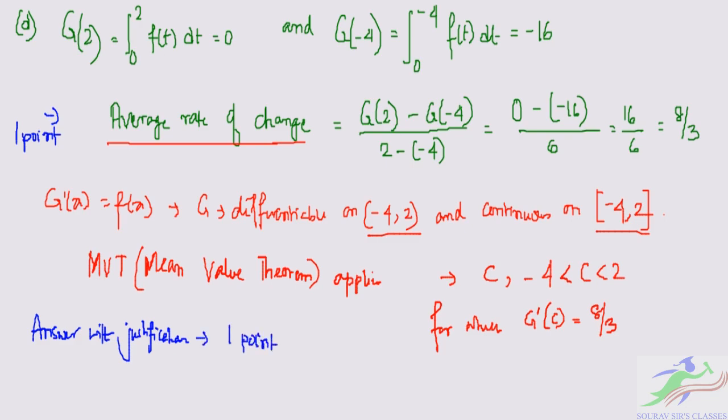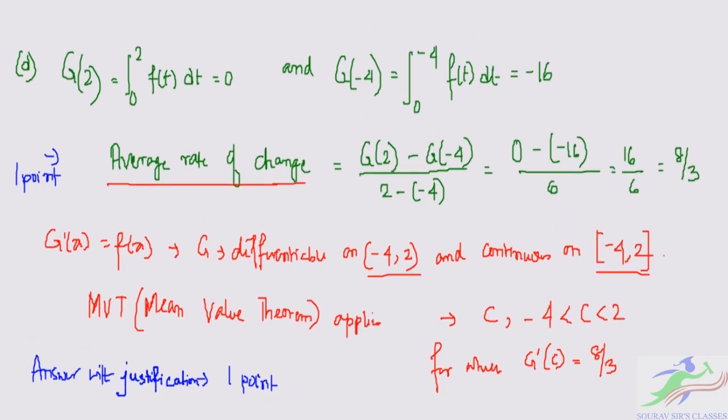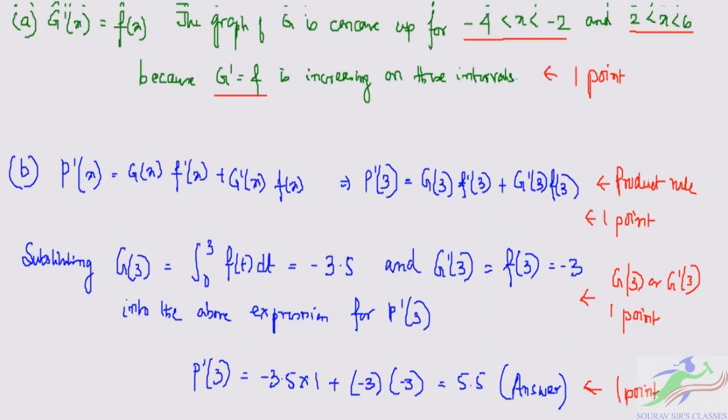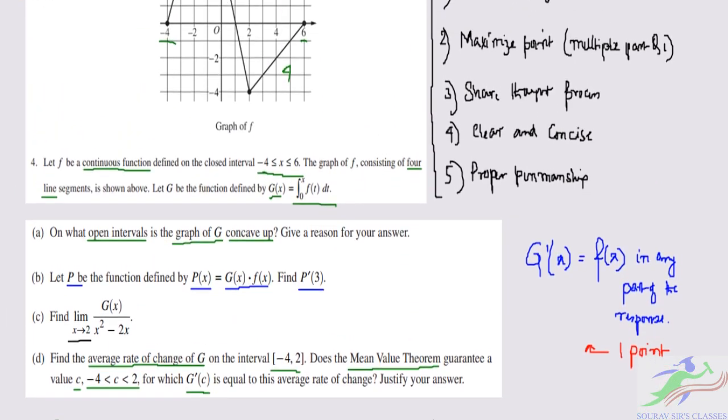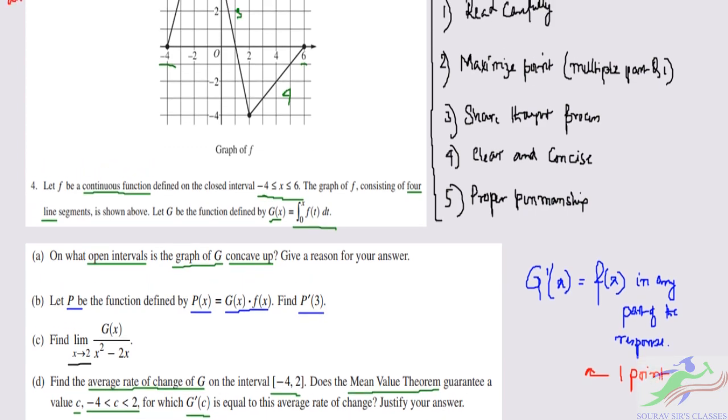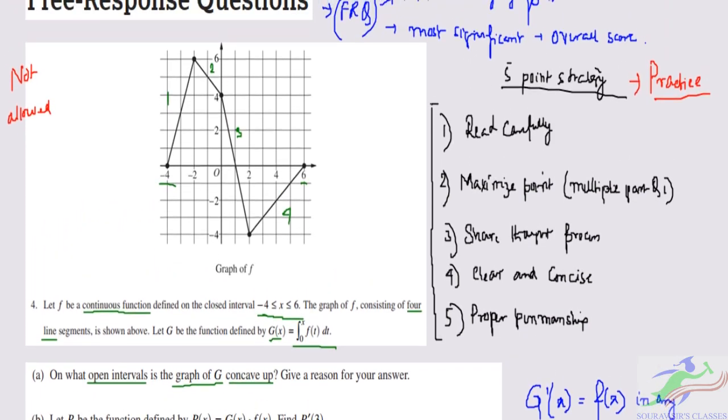So that's 2 points for part D. That solves our question number 4, which has 4 parts. Also remember that graphing calculators are not allowed here.